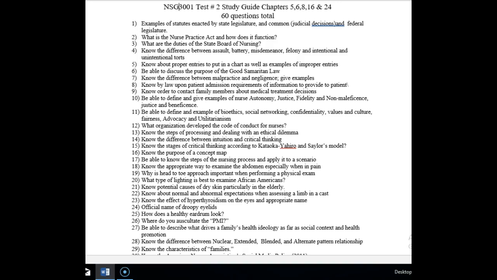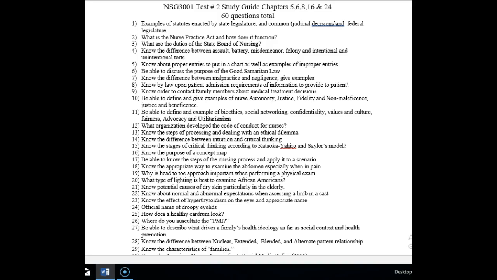Basically, autonomy refers to independence and self-determination. So any role within that would be what one would consider autonomy.